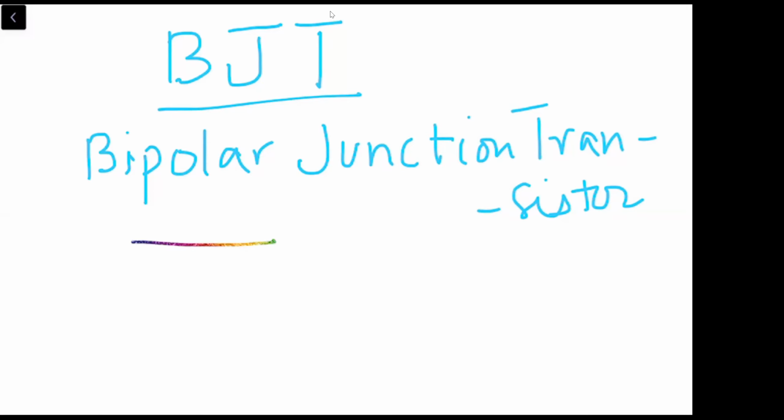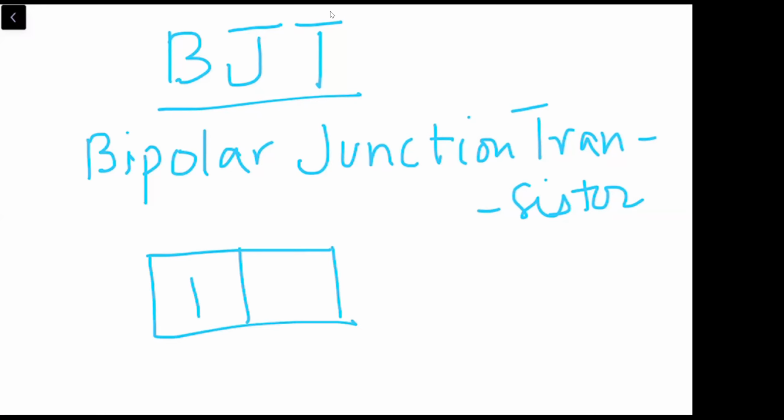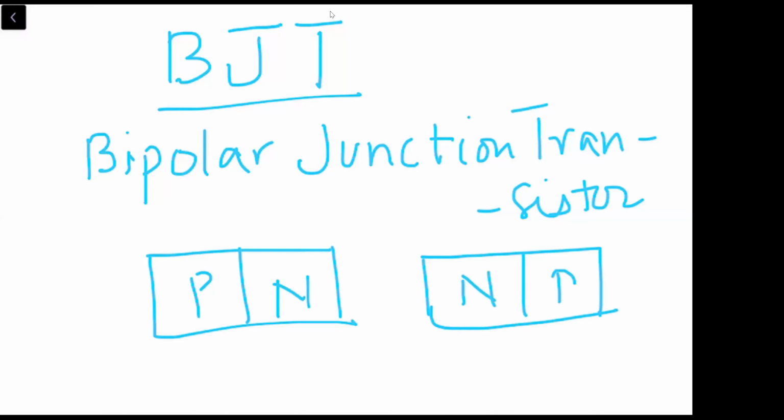Let's suppose we have a diode, so the diode has a junction like P and N, right? Now if we have two PN junctions, this means I have another PN junction.